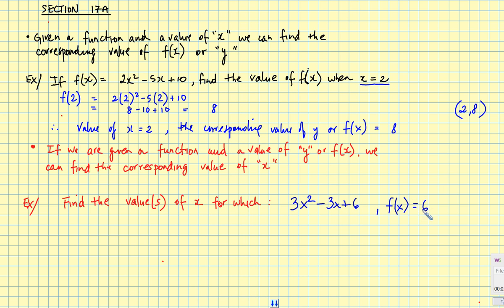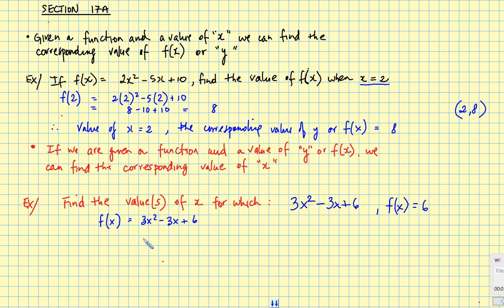Now if that's the case, then that means that our output is 6. Our value of y is 6, and therefore we're trying to find what our original value of x going in was, so that we got an output or a y value of 6. So what we do is we say, well, f of x is equal to 3x squared minus 3x plus 6.